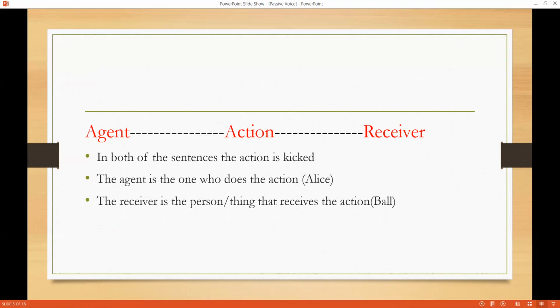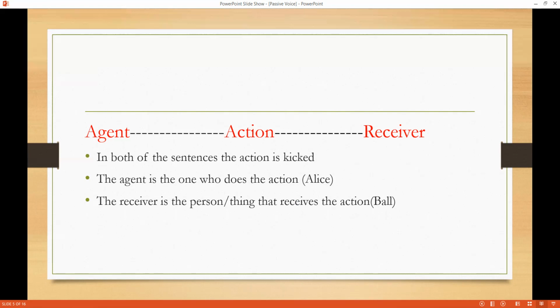Okay, so now what's the major difference between the active and the passive voice? Well, if you look at the active voice sentence, you see that the sentence starts with the agent and the receiver is all the way at the end or in the background of the sentence.